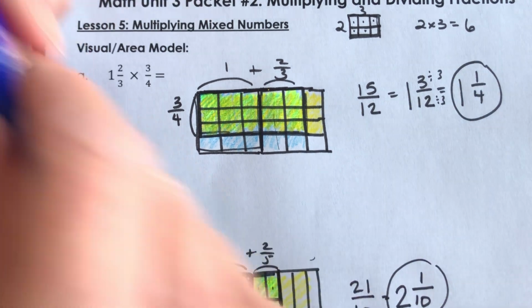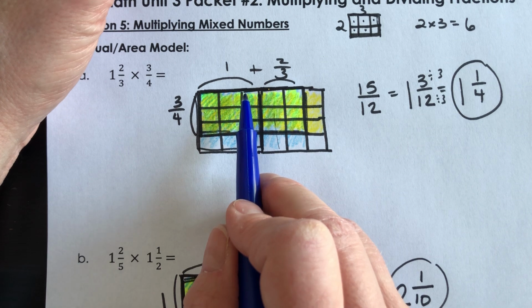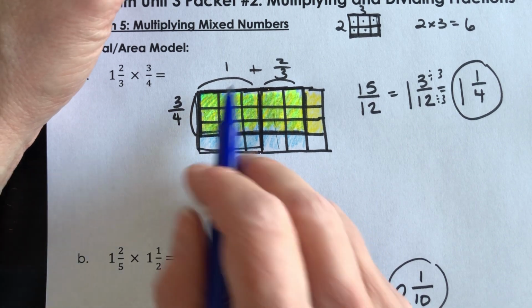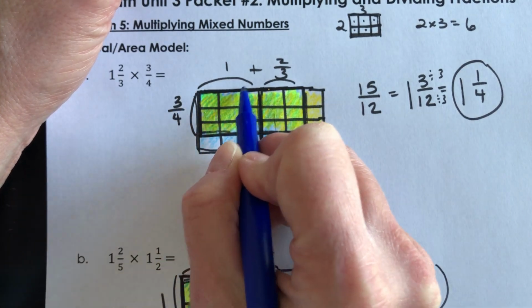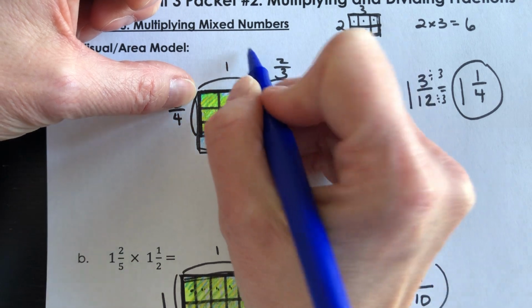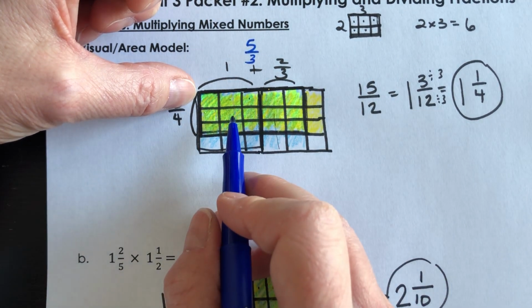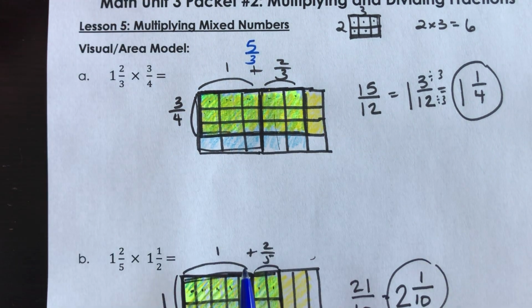Yes, you do. So when we had 1 2/3, remember that we broke this up so that I could have the same size pieces. When we broke this up into 1, 2, 3, 4, 5, isn't each one of these 1/3? So 1, 2, 3, 4, 5/3 by 3/4.